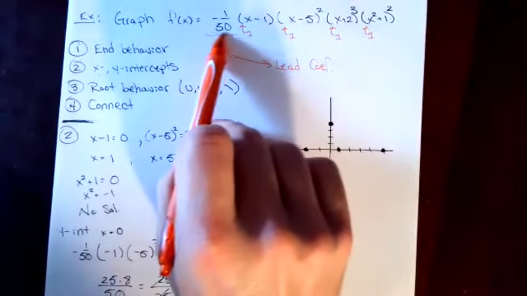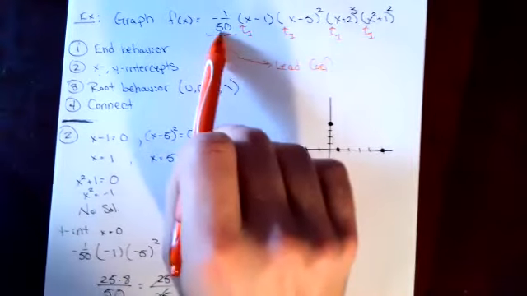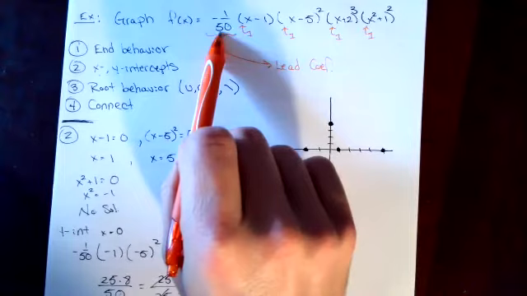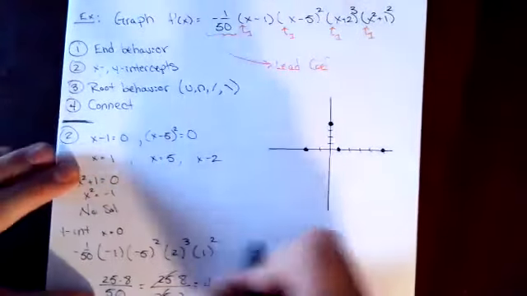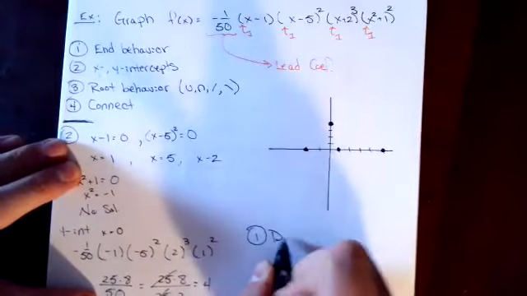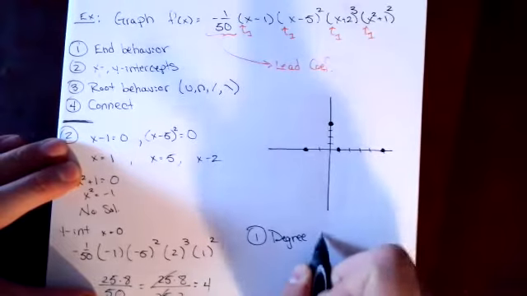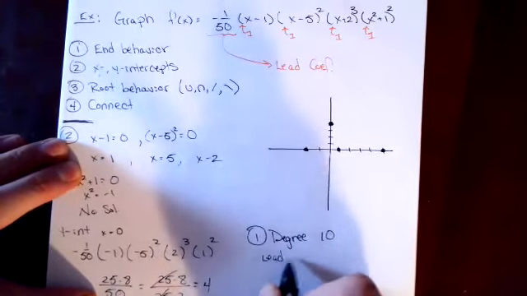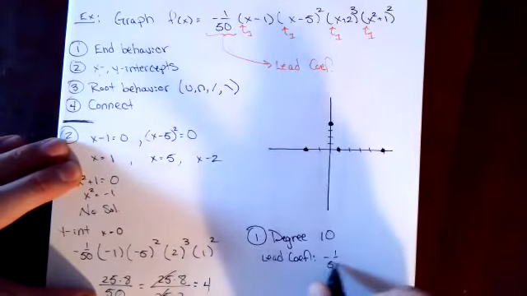Then times this constant that's out front, our lead coefficient remains what this is, minus 1 over 50. So that told us two things. Our degree was 10, and our lead coefficient is minus 1 over 50.